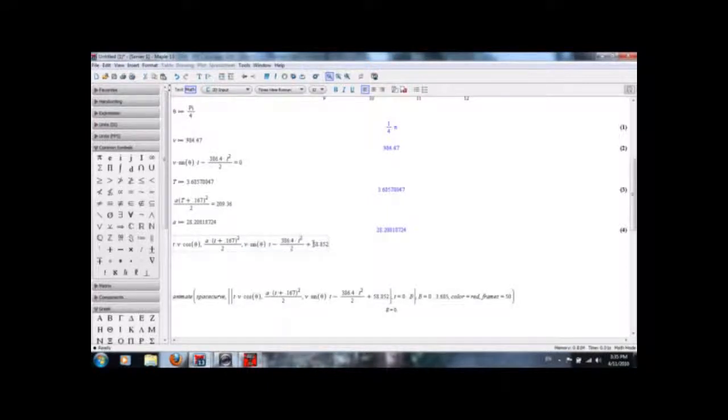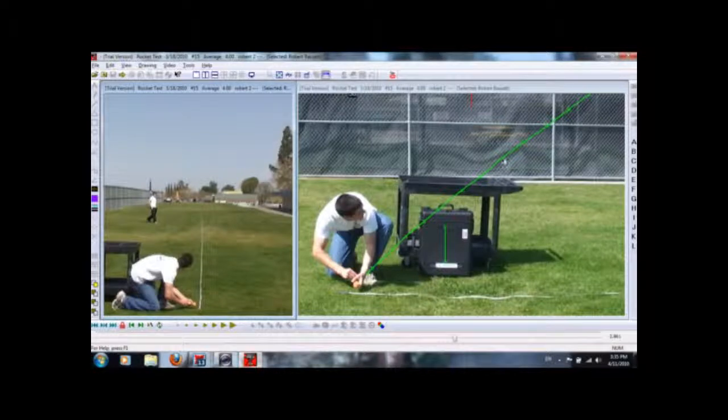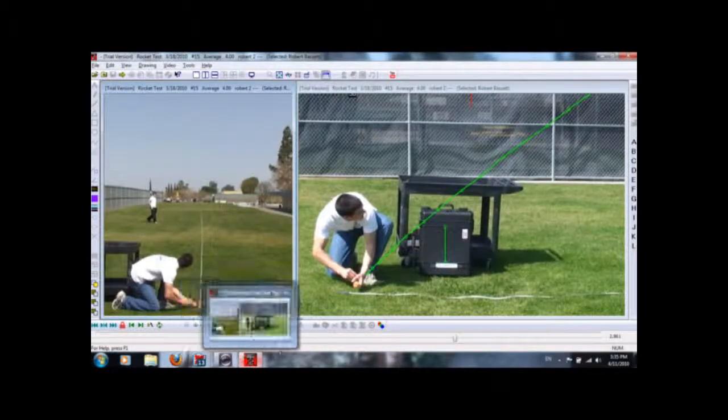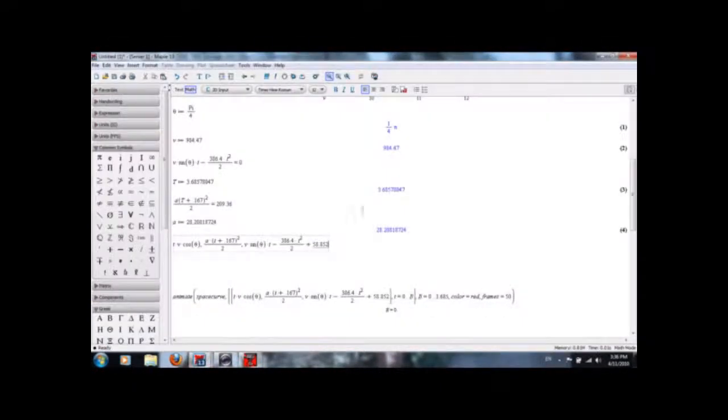This 58.82, using the sports motion, I measured this distance where it reached initial velocity to be 58.82 inches, and I wanted to factor that in because I thought that it would make it a more accurate equation.